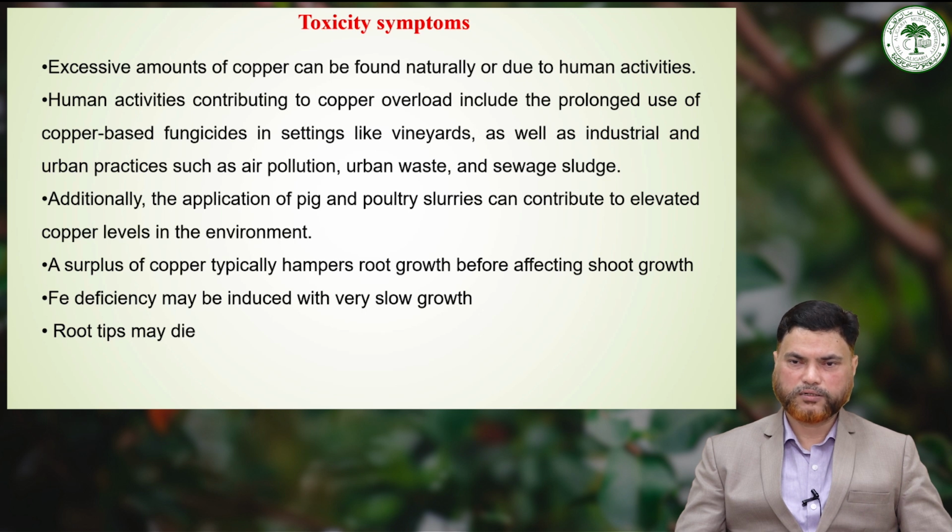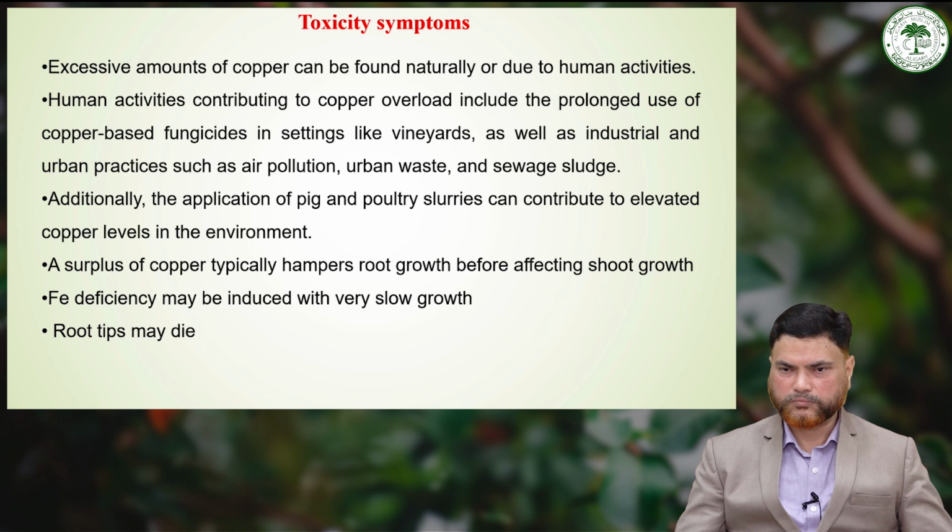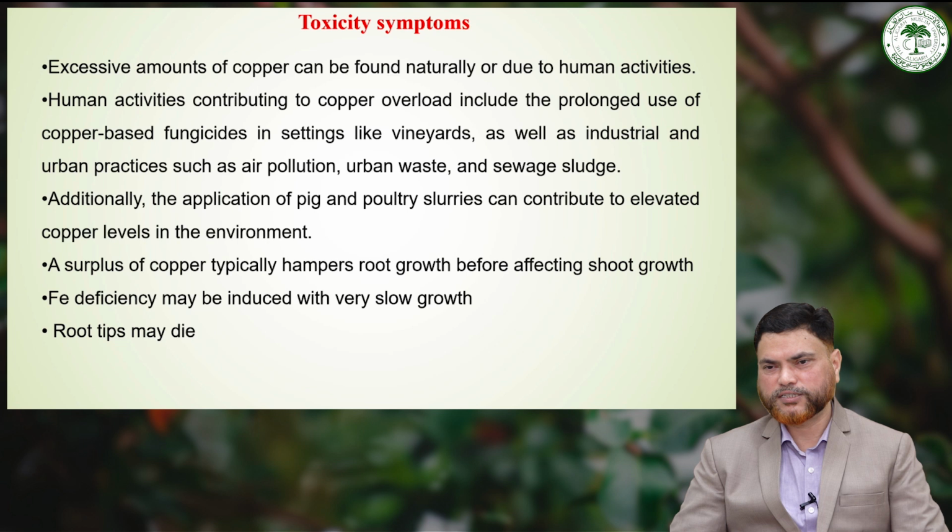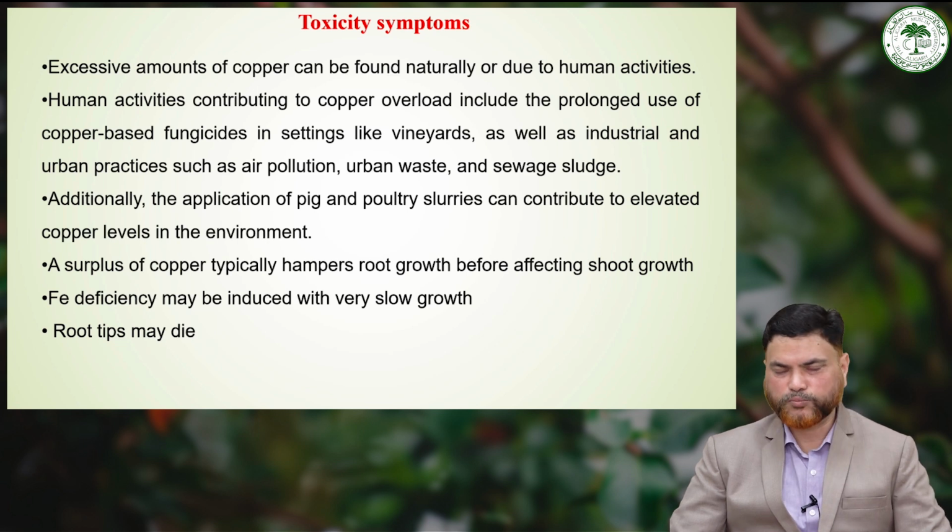Basically, the higher concentration of copper could lead to impaired root growth, and it could also trigger the deficiency of other essential mineral elements like iron. So toxicity basically induces the deficiency of other essential mineral elements; particularly copper toxicity could lead to iron deficiency in the plant.